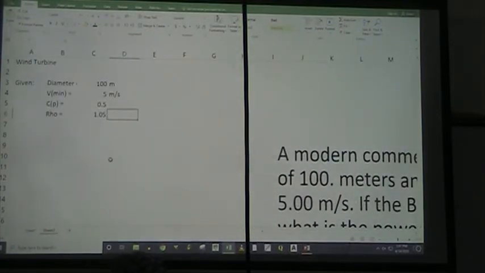All right, so kilograms per meter cubed. And we want a power of 2.5 megawatts.